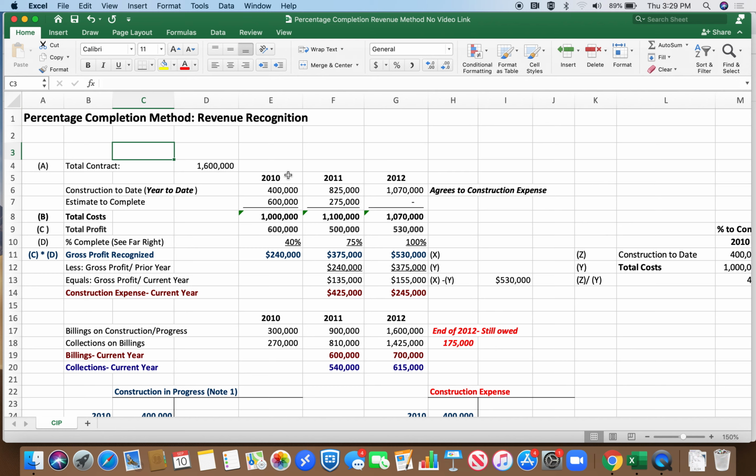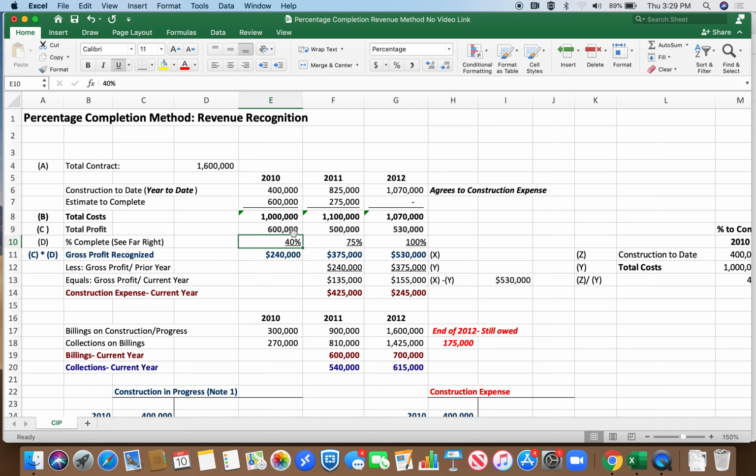You get to the end of 2010, it says construction year to date, what have you done so far? 400,000. It's going to cost $600,000 to complete for a total cost of $1 million. You're going to bill the client $1.6 million, so your profit is 1.6 less $1 million, or 600,000.